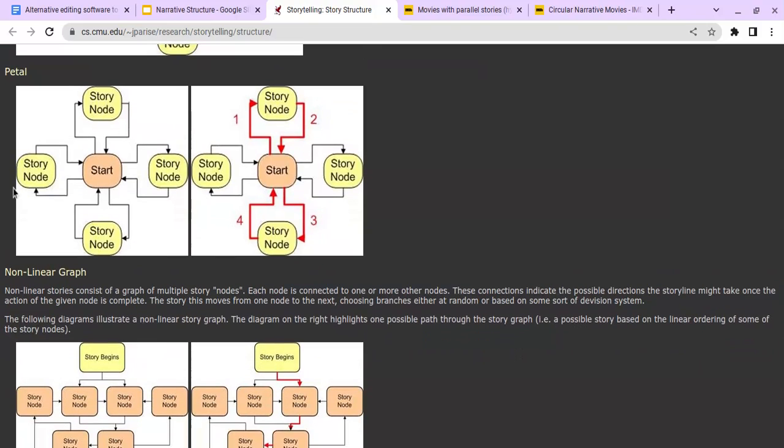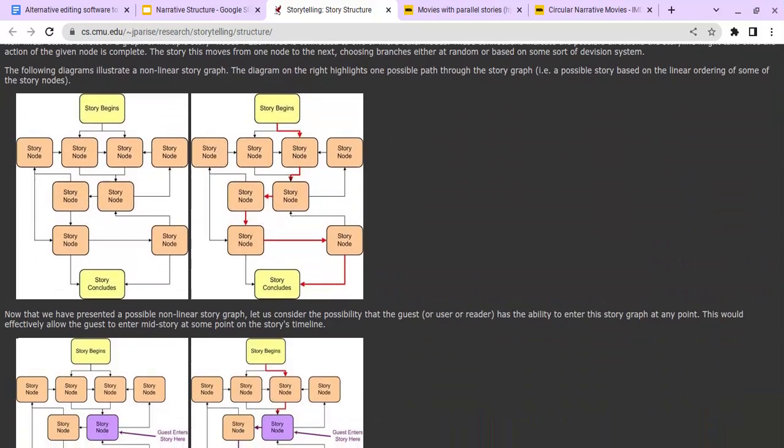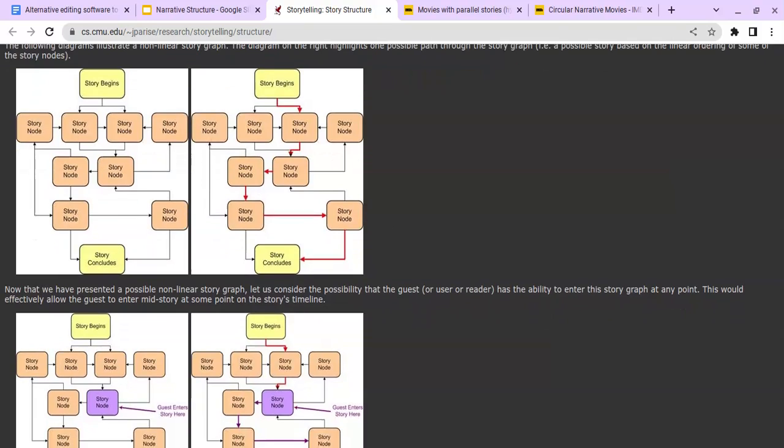which looks complex, but it's not that complicated. And non-linear narratives, there's so much going on. It does make you feel so confused. And same here.